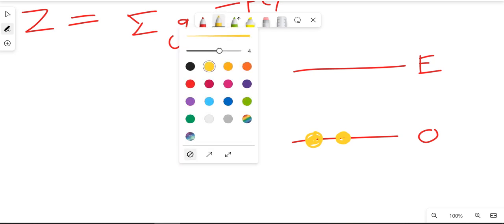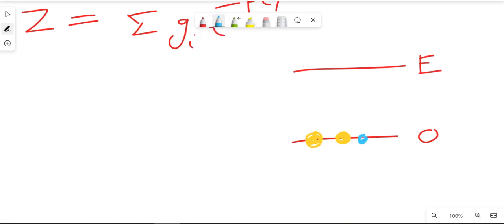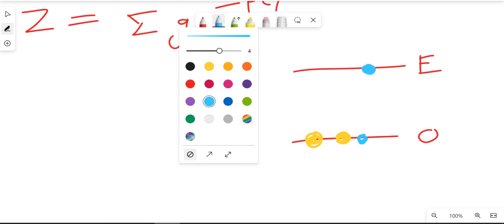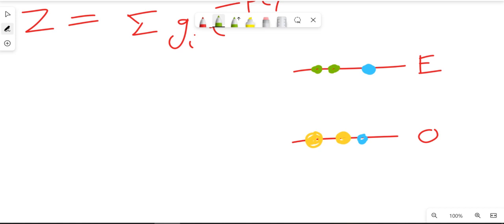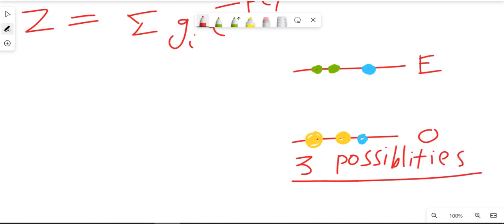Then the second possibility is that one boson stays in the ground state and one boson stays in energy E, and the third possibility is that both bosons stay in the higher energy level state, that is E. Okay, so we have three possibilities, which I tried to denote by different colors.